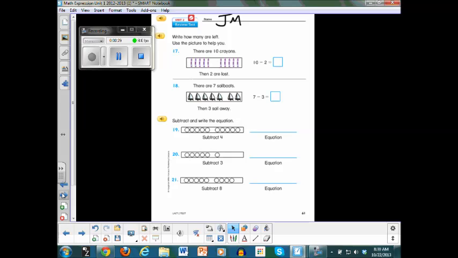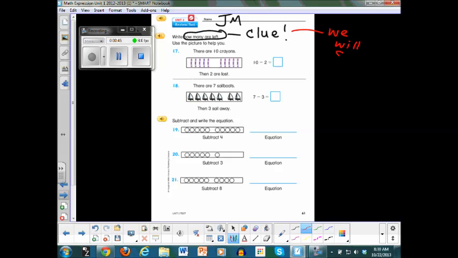Subtract. Yes. How many are left is a clue. We are going to be subtracting.